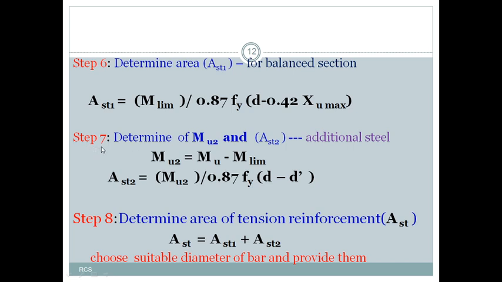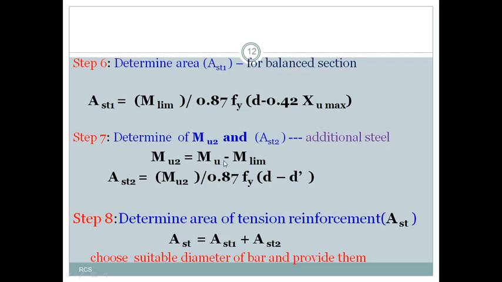Step number 7 is the determination of Mu2 and Ast2, that is, the additional moment of resistance corresponding to section 2, and the additional area of steel provided in the tension zone. Mu2 equals Mu minus Mu limit, where Mu is the applied or factored bending moment.